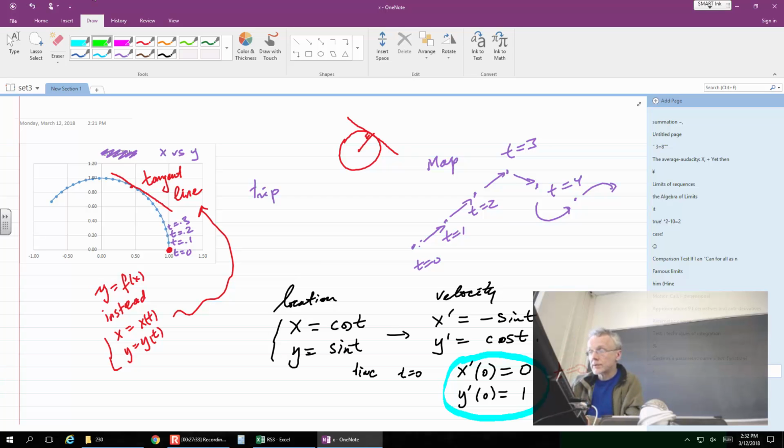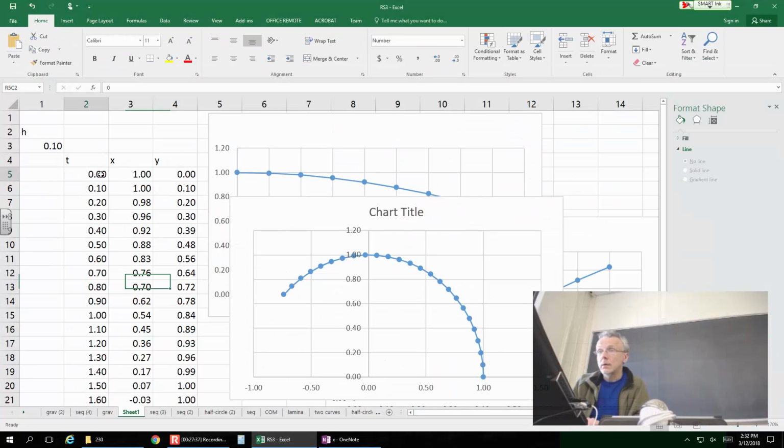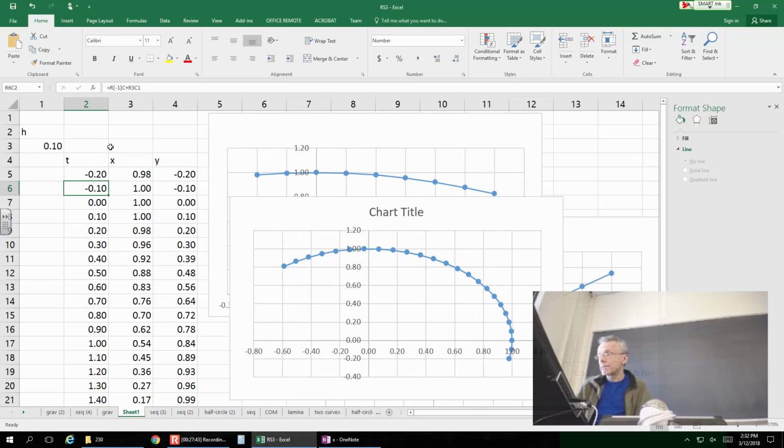Well, this is the end point. Let me push it back a little bit beyond 0. Look at what this looks like. This is almost the tangent line. So what is it? Look at these numbers, these points, three consecutive points.